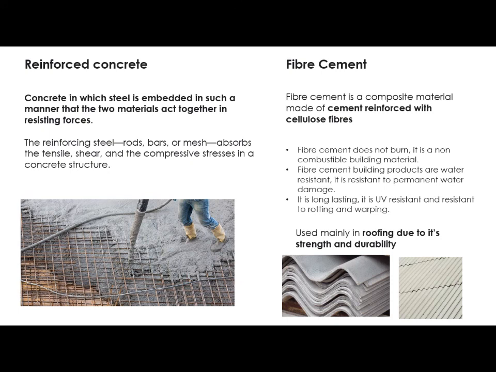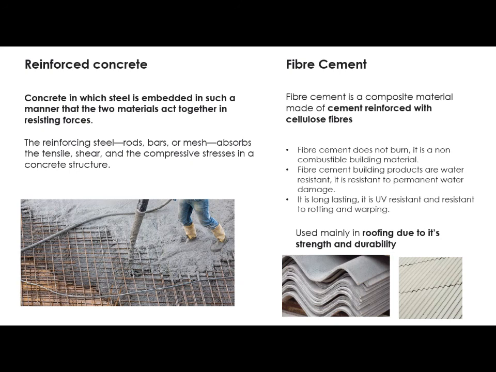And the last one, fibre cement, which I must admit I didn't know very much about, but it's basically used for roofing, and it's cement reinforced with cellulose fibres from plants, I would imagine, and it's made into this kind of curvy, wavy shape. And the reason that it's used for roofing is it's very, very hard.